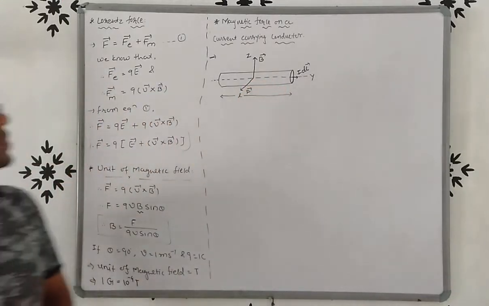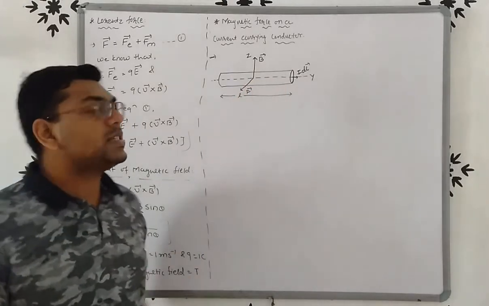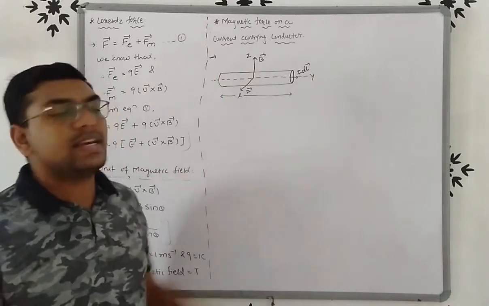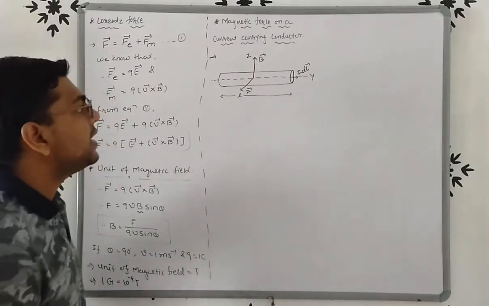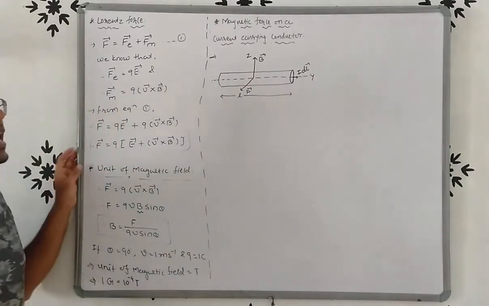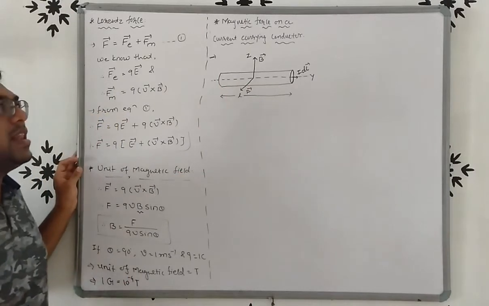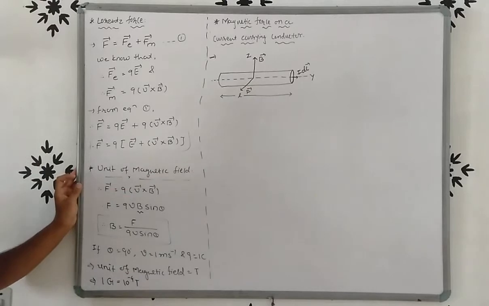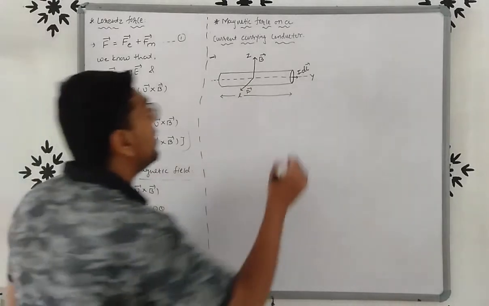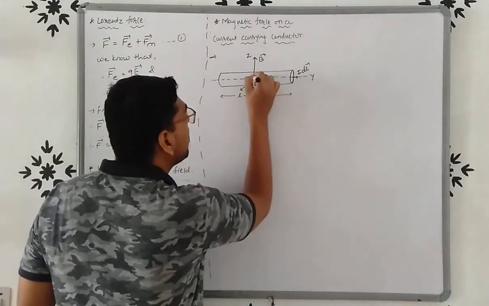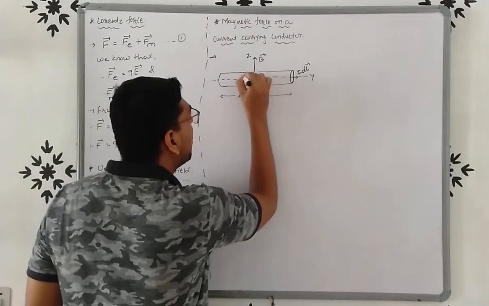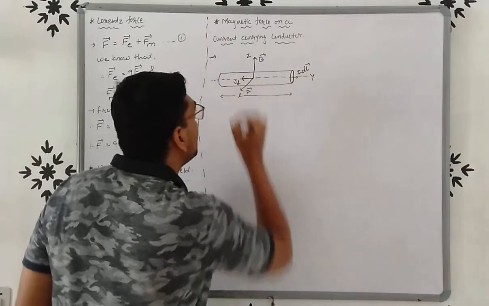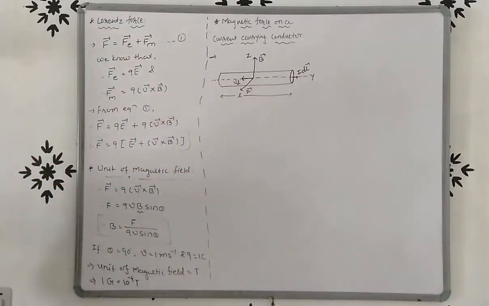So here we place one current carrying conductor on y axis. This conductor having area A and length L. The magnetic field is on z axis, right? The velocity of the electrons is like this. This is the drift velocity of electrons.